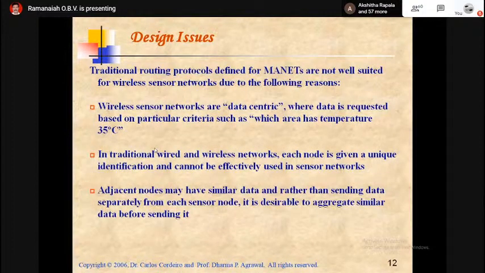So this is another point. They are data centric, right? In traditional wired networks, each node is having unique identification, right? But in case of WSN, it is not so. It is data centric. Adjacent nodes may have similar data, and rather than sending the data separately from each sensor node, it is desirable to aggregate similar data before sending it. This is what I mentioned in the morning when there is a question.